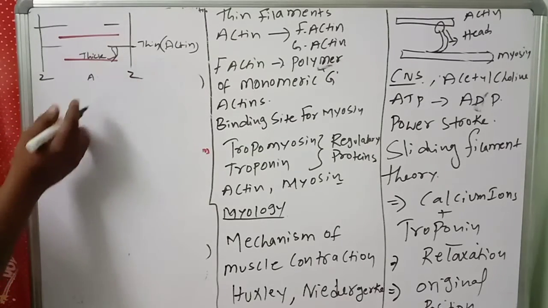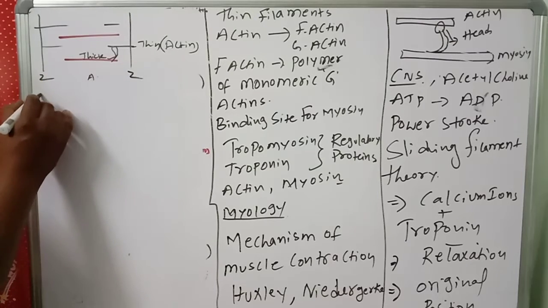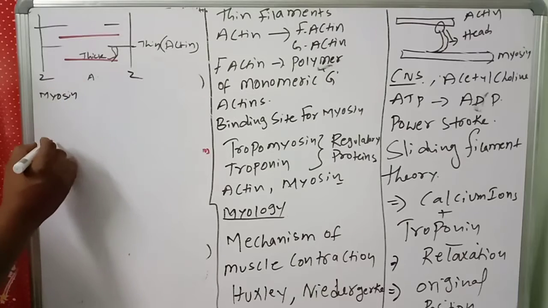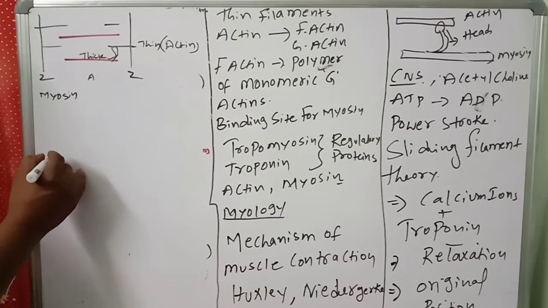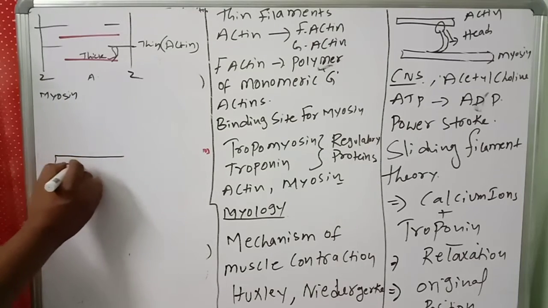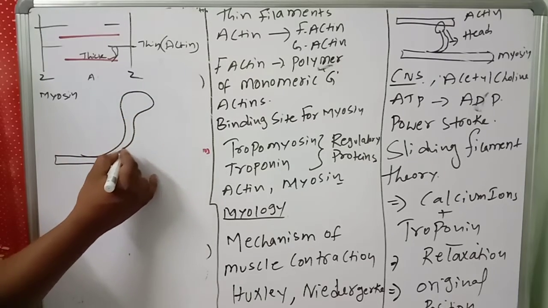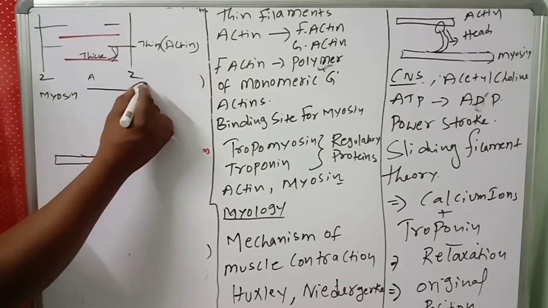So now that one we will see. Thick is called myosin, so now we will see the myosin part. The myosin has structures like this, and here it will bind to actin.